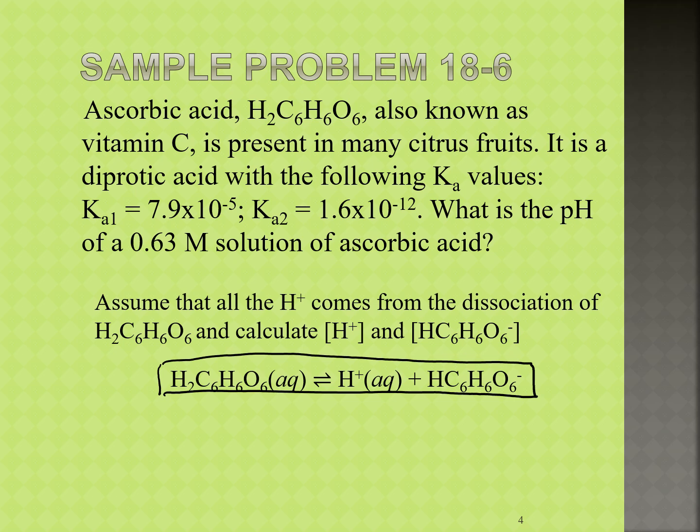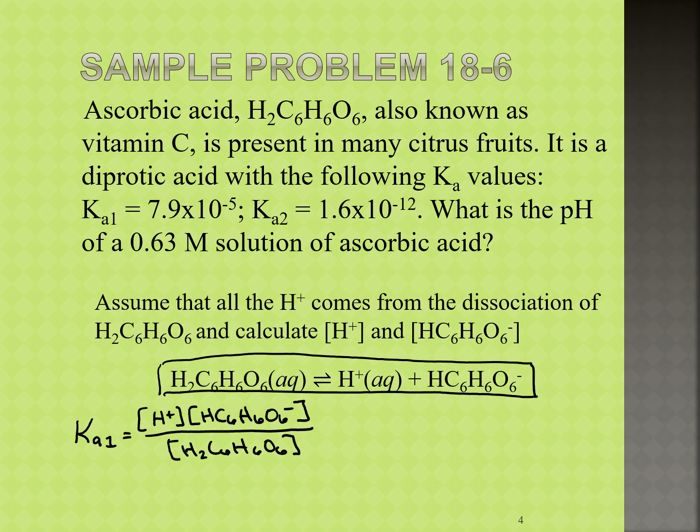All right, so if that were the case, then I could say Ka1 is equal to H plus times HC6H6O6 minus divided by our H2C6H6O6.